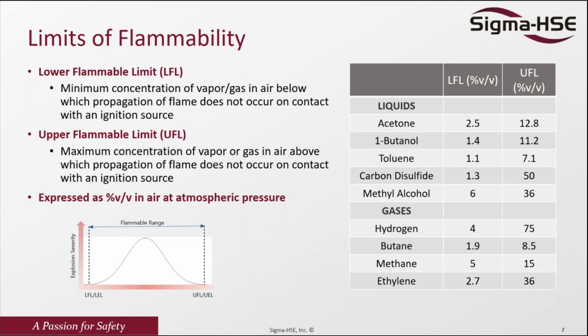So this is the flammability limit. For every material you handle at the facility, you need to know the flammability limit to help you understand what range you should stay in. For acetone, the concentration that you handle needs to always be under 2.5 or above 12.8. You don't want any concentration between 2.5 and 12.8.